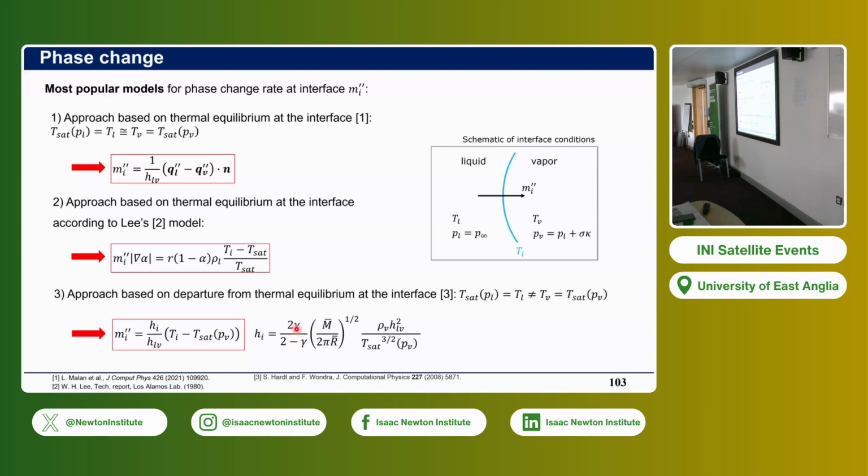Gamma equal to 1 is the maximum rate of evaporation possible, but it's not infinite. With gamma equal to 1, you get a prefactor of 2 divided by 2 minus 1, which is 2. So that's assumed to be the maximum rate of evaporation that you can achieve.